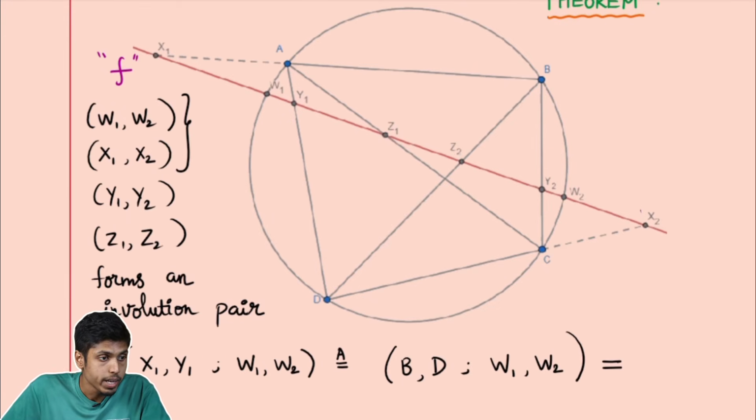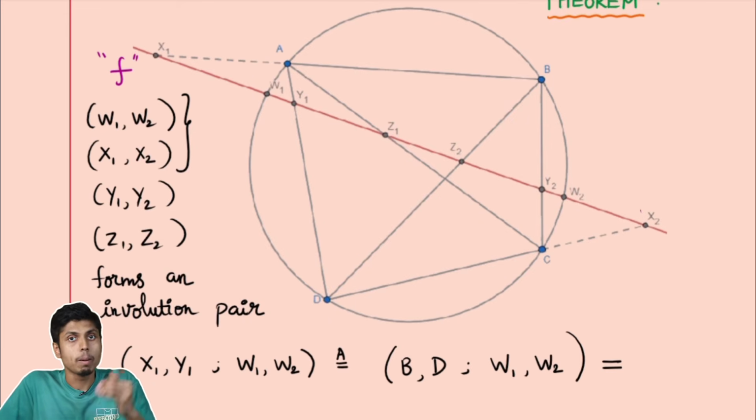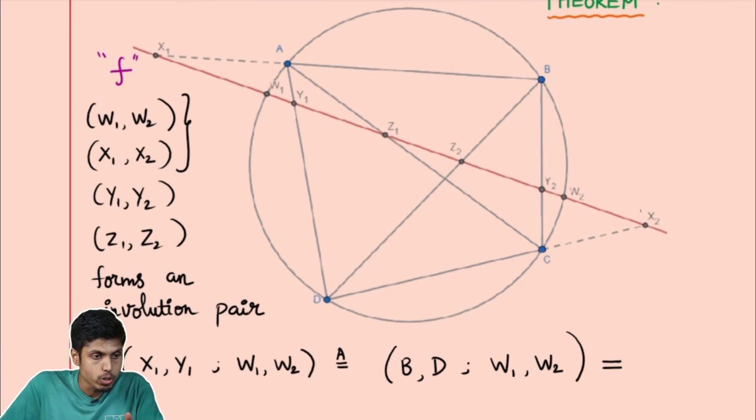Now we have B, D and w1, w2. So I am going to project the points on the circle back onto the line. B should come to y2, that's what it seems to be, right? Another point lying on the line joining two vertices.